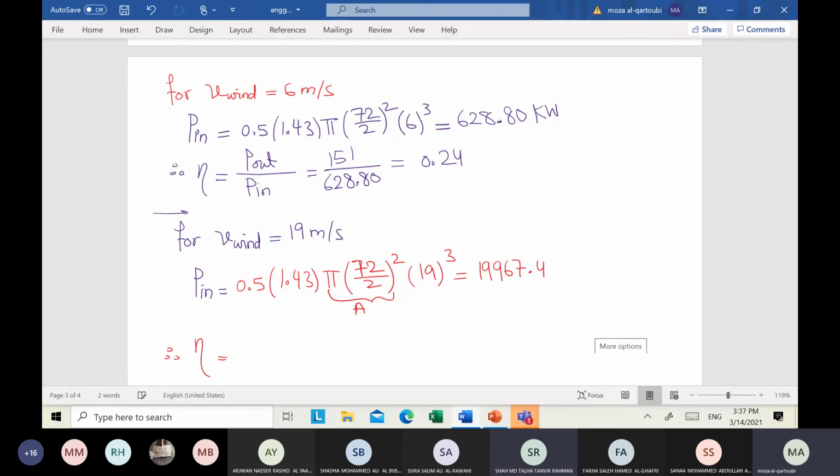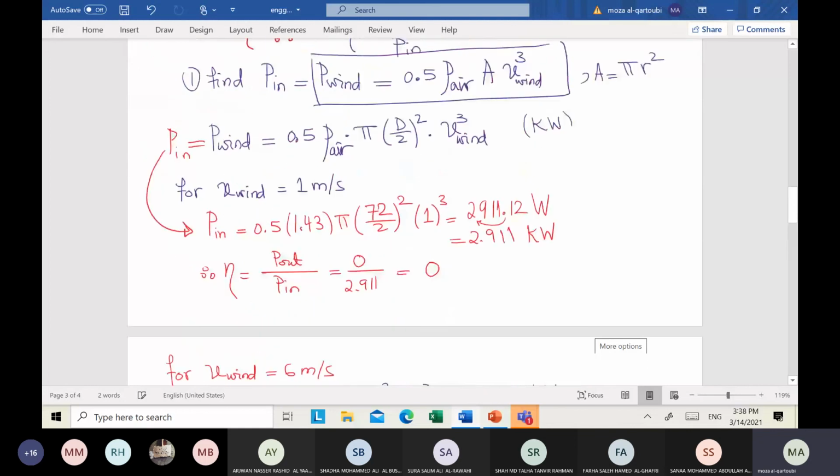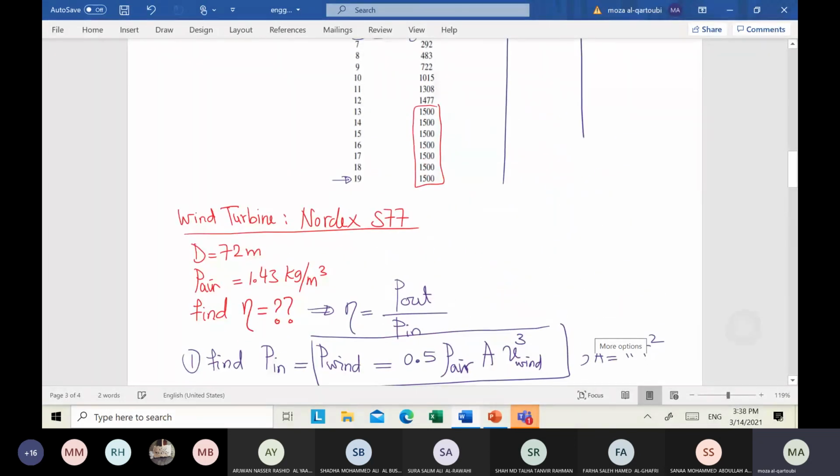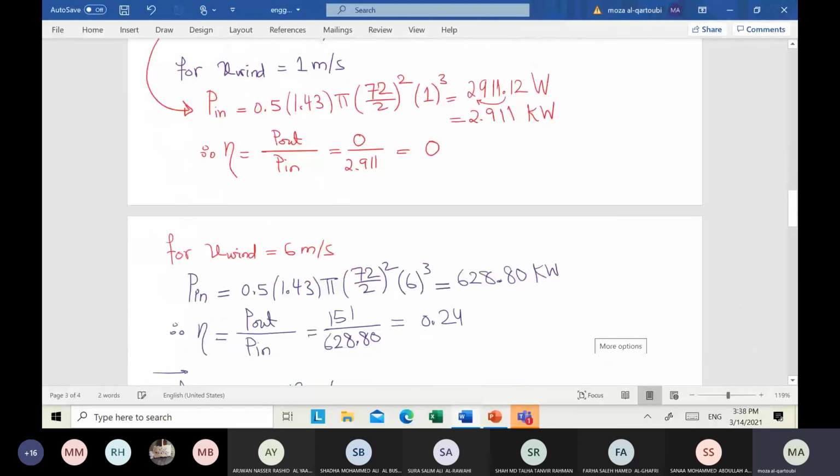So it equals 19,967.409 kilowatt, in kilo, so a high number here. And the value of P out given is 1,500.